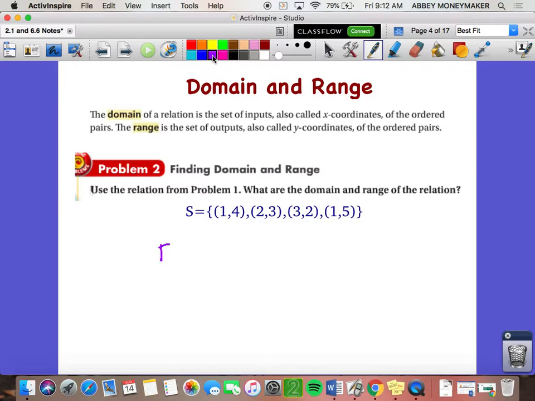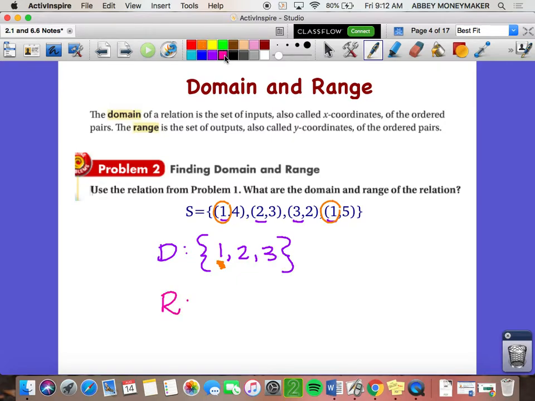So for domain, we're going to use a D, and then a colon, and then a curly bracket, and I'm going to look at all of my x values and put them in order. Again, just like with mapping, do not put any values that repeat. I know that 1 happened 2 times, but I only listed it the 1 time.